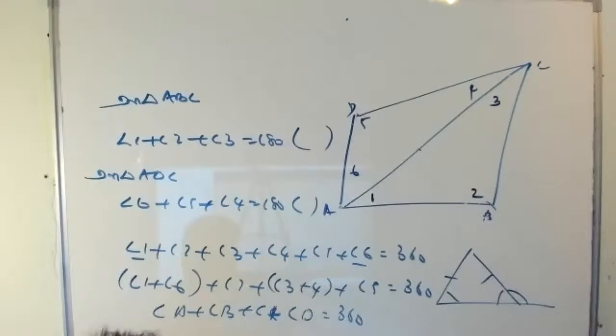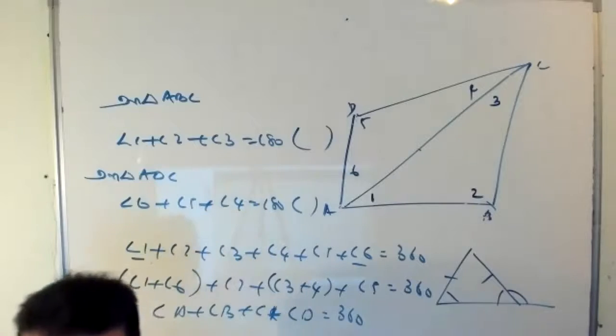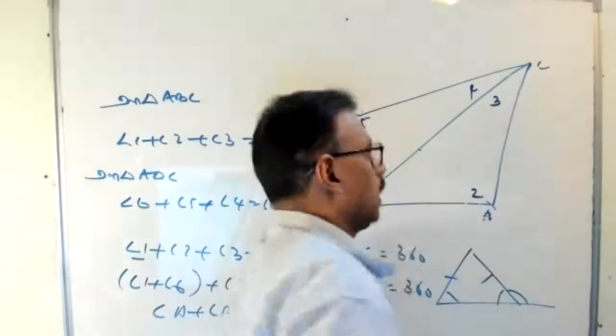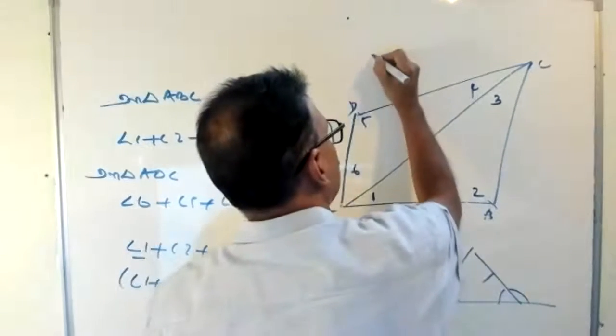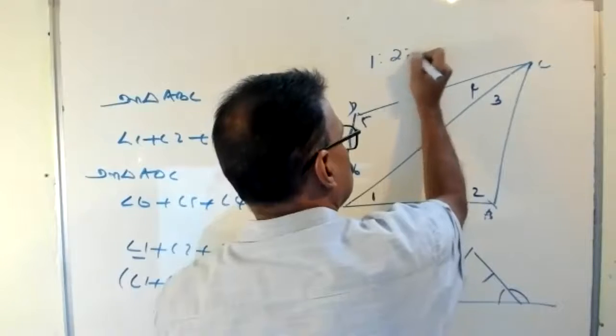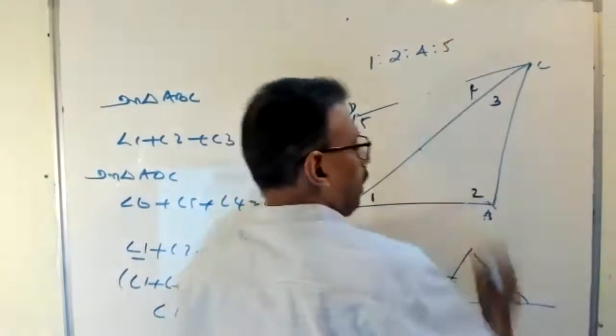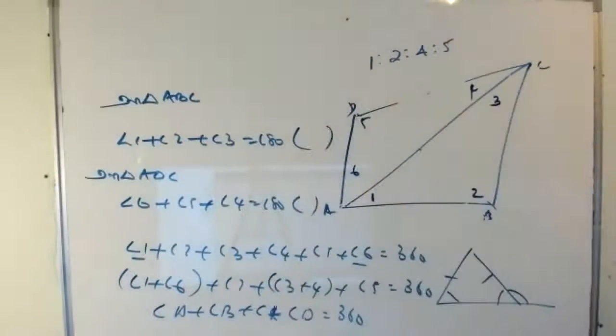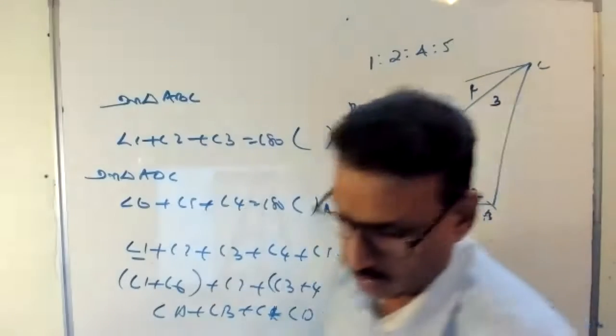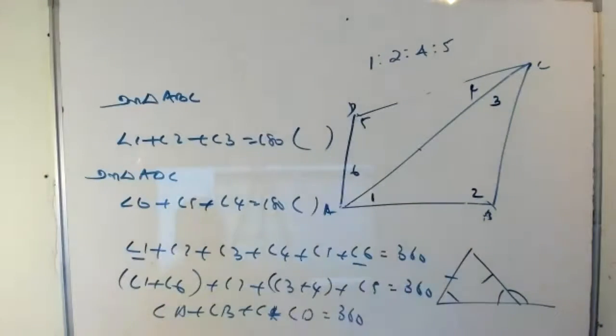Find the angles. In a quadrilateral, the angles are in the ratio 1:2, 4:5. Find the angles.